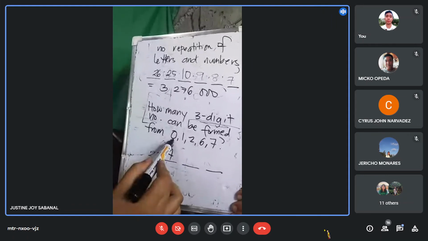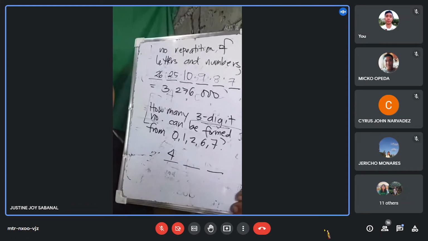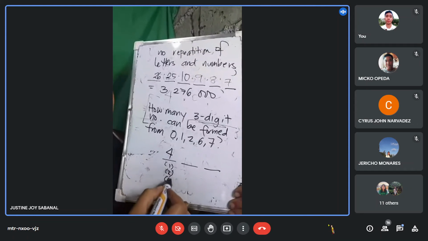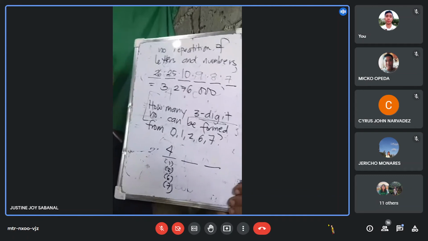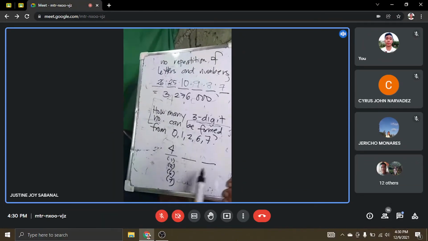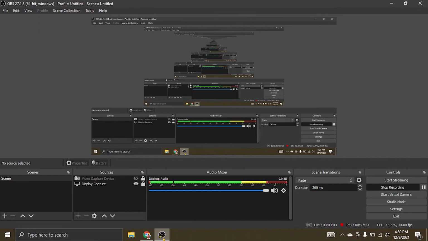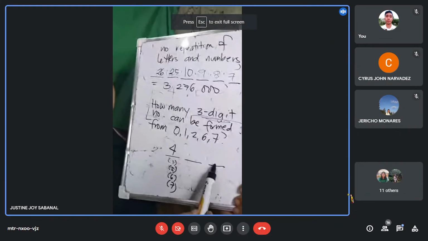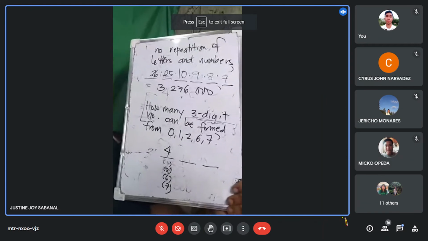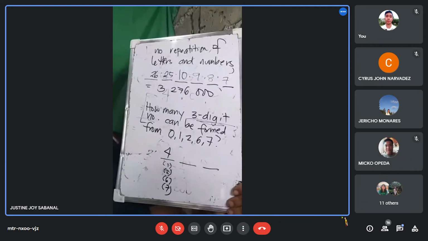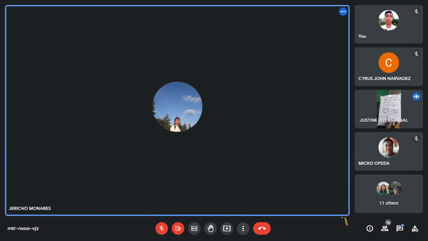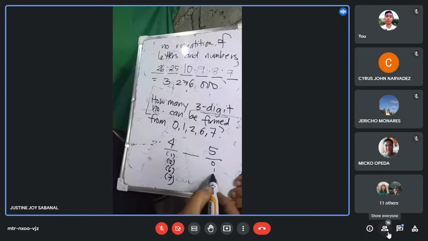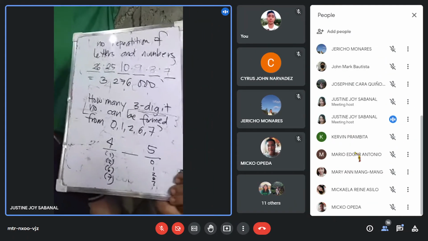Kasi hindi natin pwedeng i-consider yung 0 dun sa hundreds place. So, your option here is just 1, 2, 6, and 7. Then, after that, you go back dun sa ones digit. So, syempre, 3-digit number, pwede namang nauulit yung mga numbers na yan. So, ilan yung option mo dun sa last position? 5 po. Okay. So, pwede mo nang i-include yung 0 doon. So, 0, 1, 2, 6, and 7 na yung options mo.